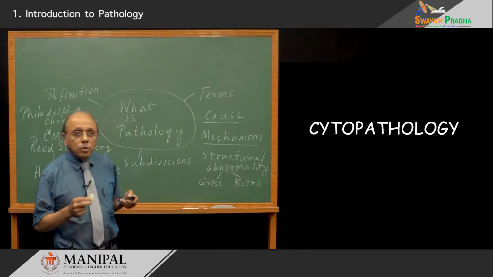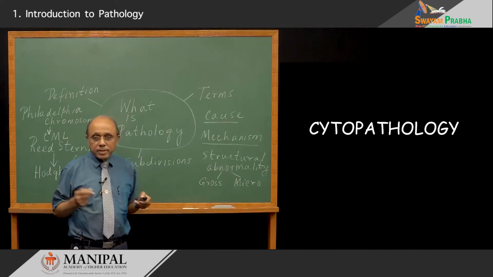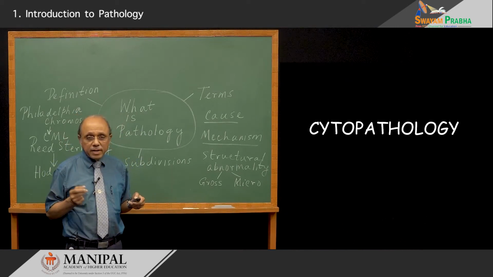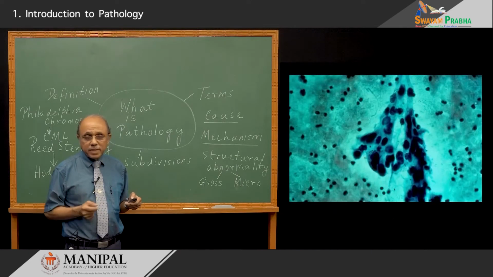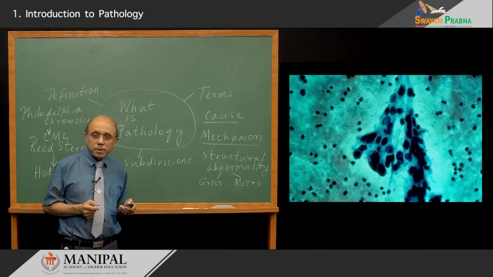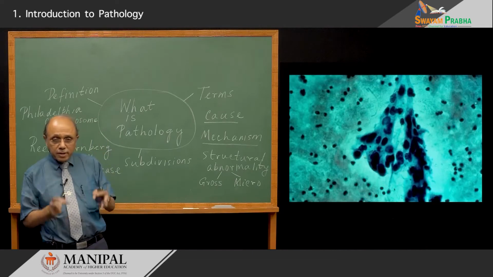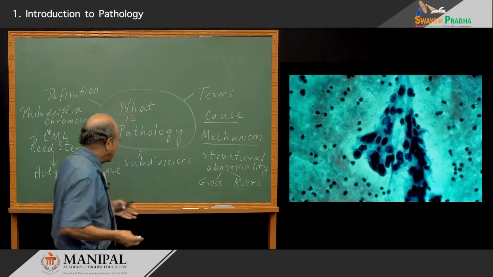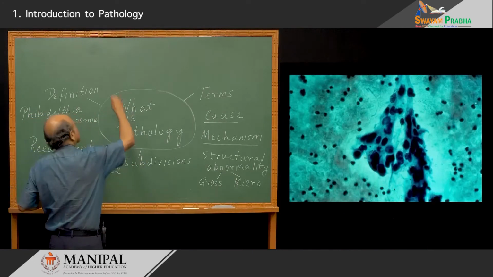When you look at cells alone, cells individually studied will be cytopathology. This is the second major branch of pathology. You see the cluster of cancer cells, and this is often diagnosed by what is known as the Pap Smear.